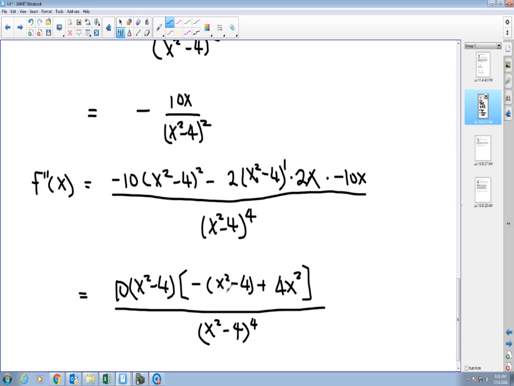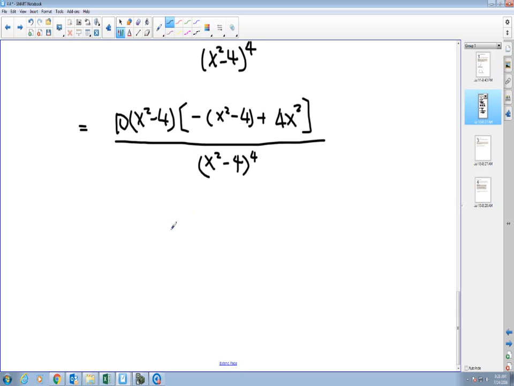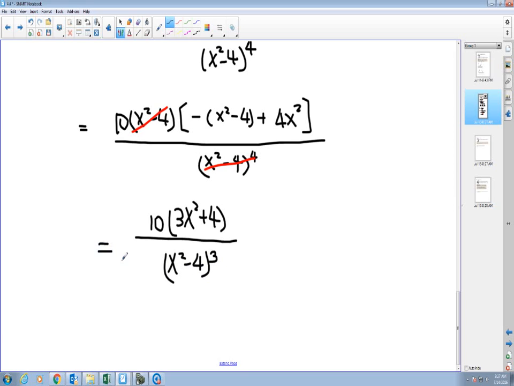Negative x squared plus 4x squared will give me 3x squared. Negative 1 times negative 4 is positive 4. And my x squared minus 4, after I factor out, can cancel with one of these down here. So I have a 10 on top over x squared minus 4 to the third power. Alright, so this is my f double prime.